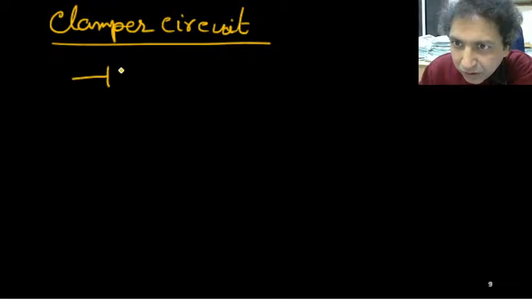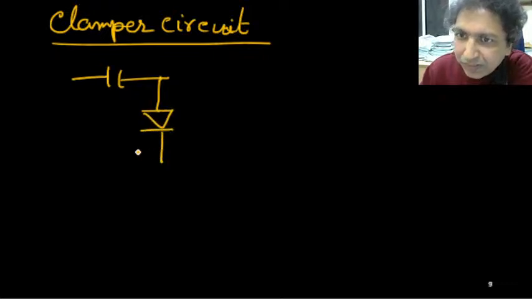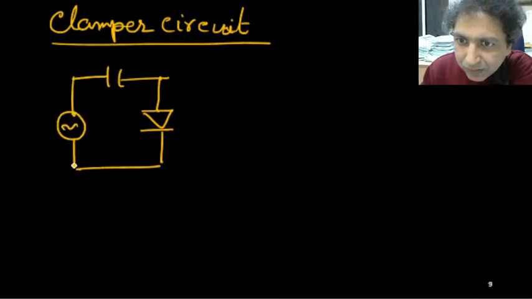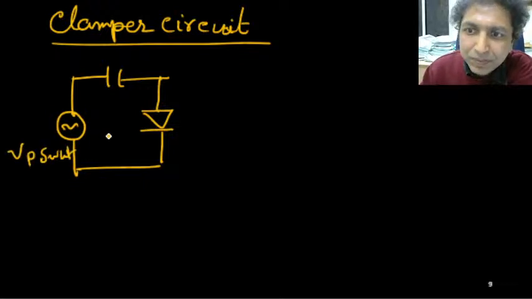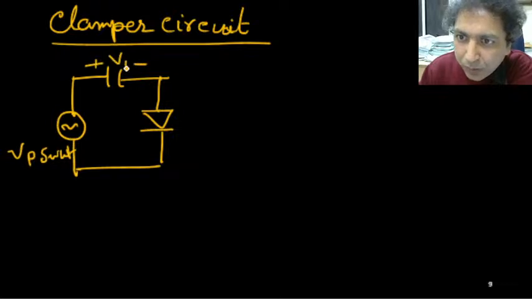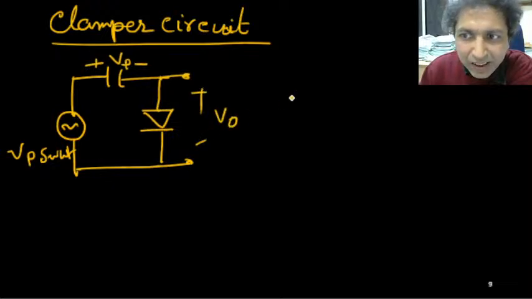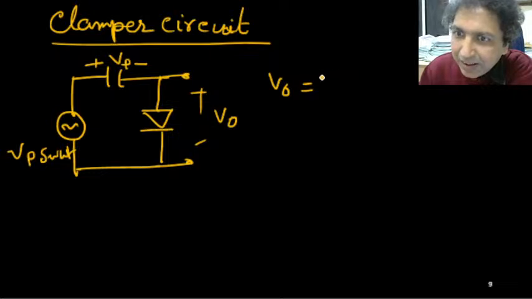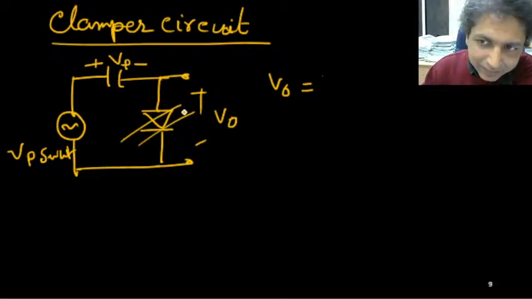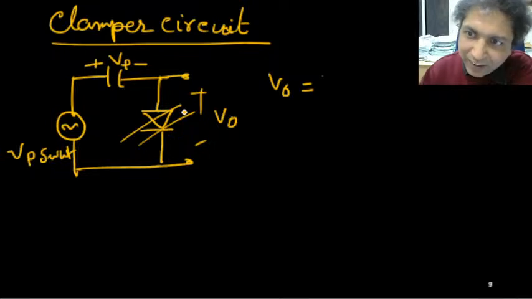So this is your capacitor and this is your diode, and if this potential is Vp sin omega t, then this voltage will be stored as Vp only, so this potential is V naught, and that diode will always remain open, off forever. But the capacitor will retain the charge, that's how its potential will remain Vp.